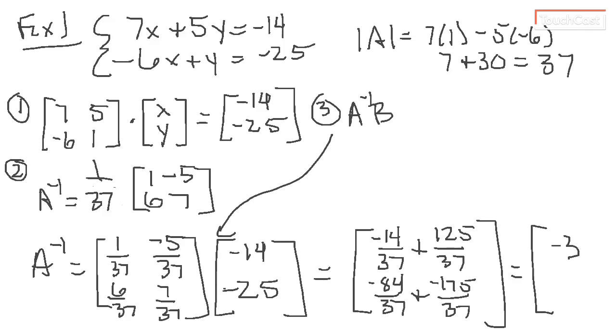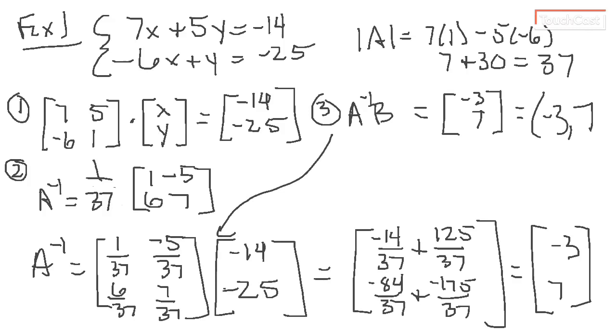Negative 84 plus negative 175 gives me negative 259 over 37, which simplifies to negative 7. So I found my solution. My solution is negative 3, 7, which means as an ordered pair, x is negative 3, y is 7.